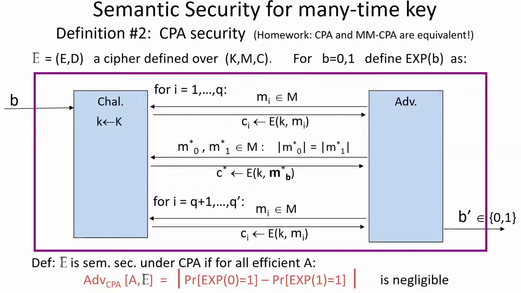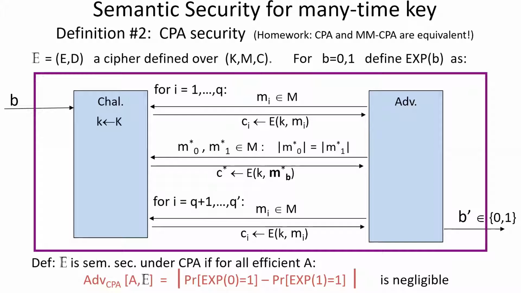The professor's and the student's messages have to be the same size, or otherwise I would determine which one is encrypted by looking at the size of the ciphertext. So we don't ask encryption to hide the size of the message. Therefore, if the two challenge messages are different sizes, that's unfair.